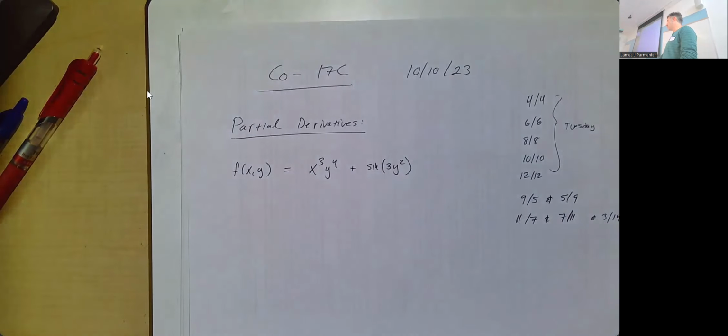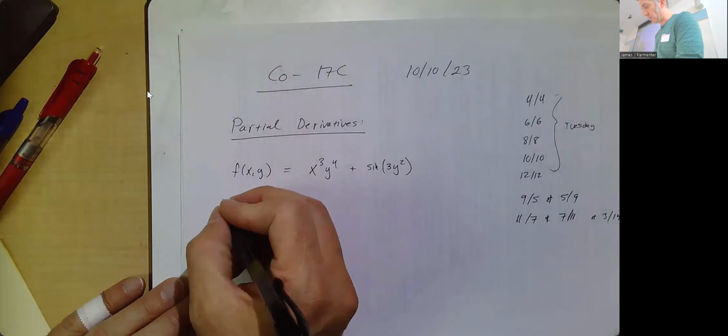Typically when I say all the partials, we usually mean the first derivatives, the second derivatives, and the mixed partials. So I want to find all 6 derivatives, which, I mean, that's not the end of the story. You could say the third derivative or the fourth derivative or f_xyx if you wanted to, right? You could do as many as you wanted, but we usually limit ourselves to those first few.